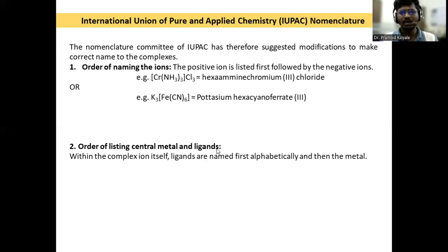For example, if we have two different types of ligand, chlorine and bromine, that is chloro and bromo, write the name of the bromine first, then chlorine, and then the metal. So within the coordination complex ion, the name of the ligand always comes first and then the metal. Within the ligands, write the names alphabetically if there are a number of ligands. This is the second rule.